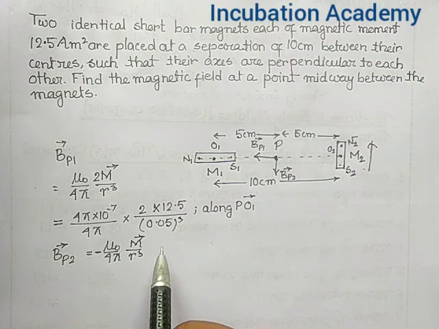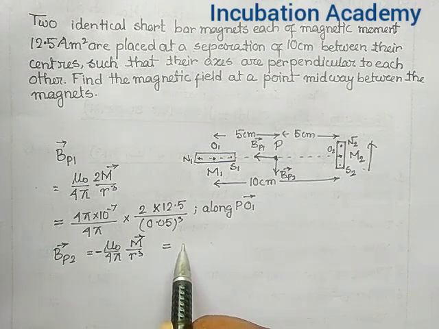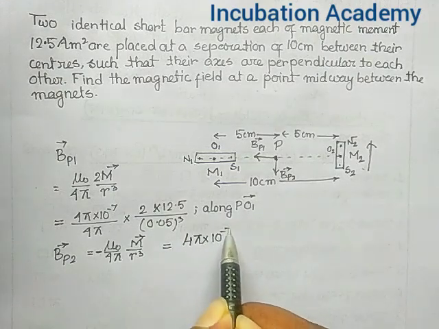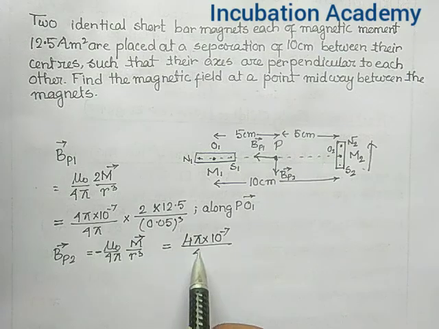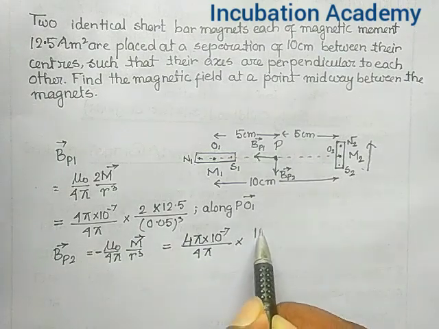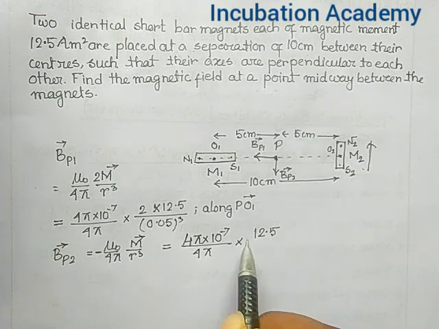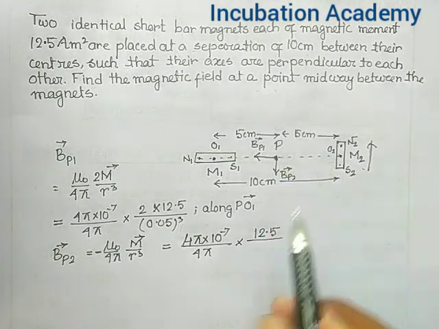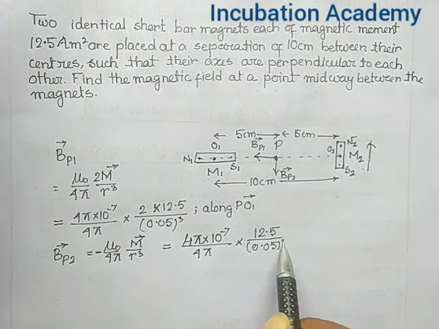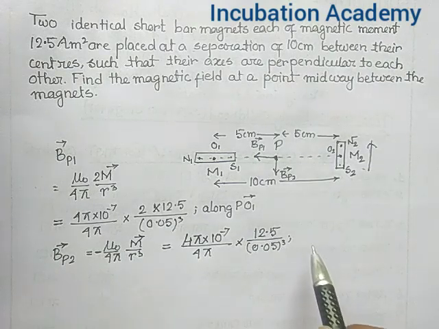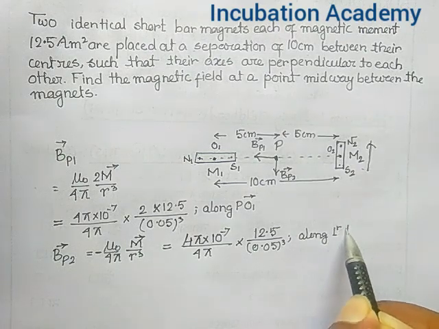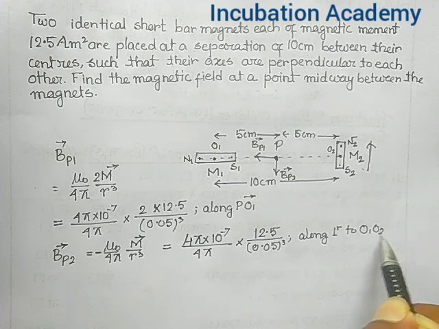I am just writing it here: mu naught as 4 pi into 10 to the power minus 7 divided by 4 pi, magnetic moment is 12.5, separation is 5 centimeter, that is 0.05 whole cube. The direction is perpendicular to O1O2.